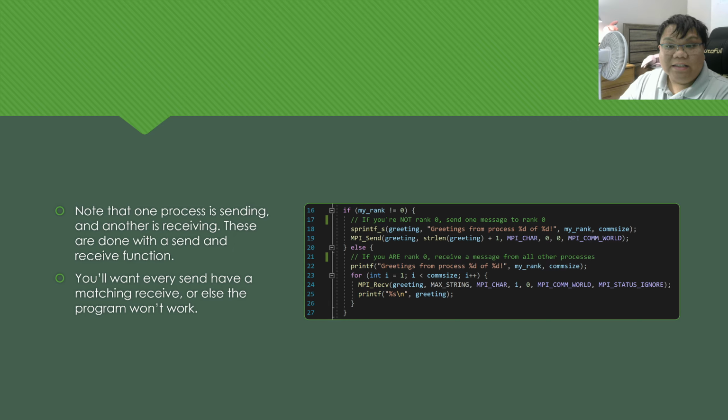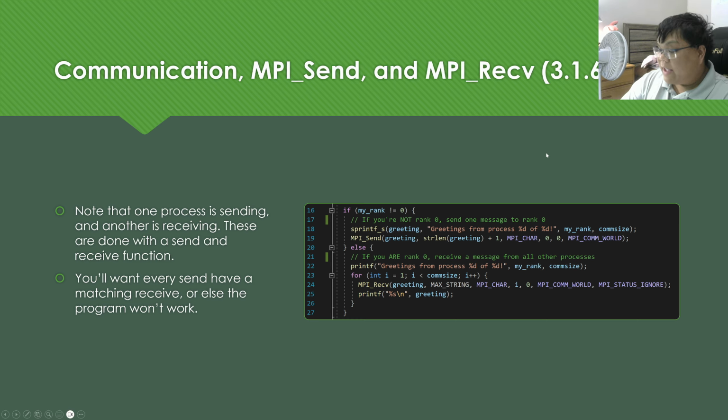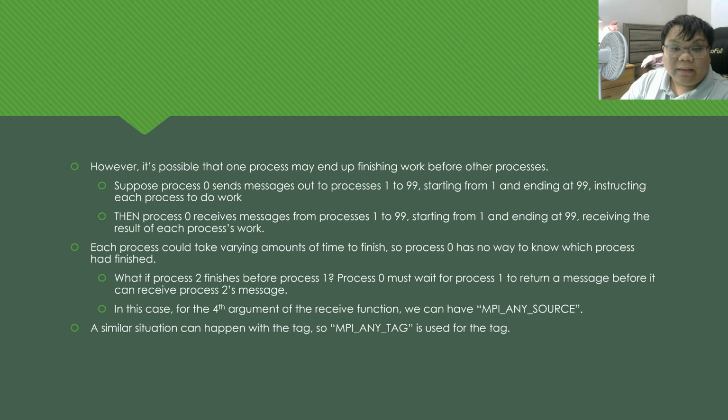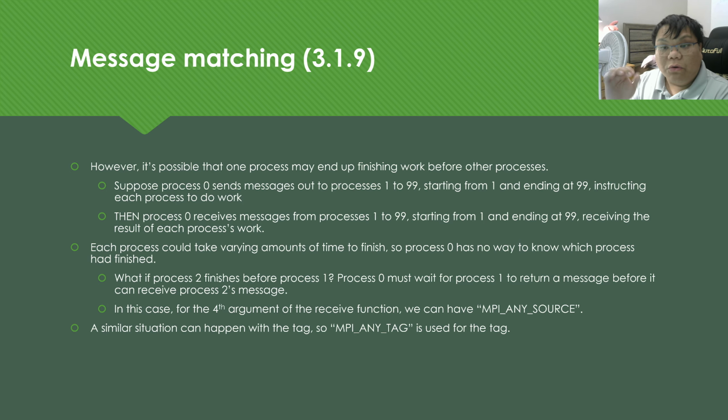Then that message has to wait for the first 98 messages to be processed, and then for it to get processed. So that is something that can and does happen with sends and receives, and there is a way around that. If we do not care about the order in which sends and receives occur, then there is a wildcard that we can add in place of that I iterator in the code here.